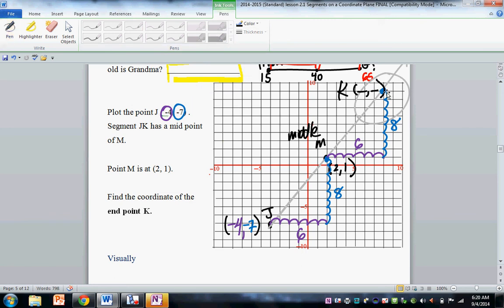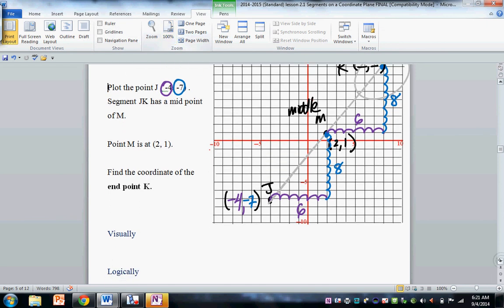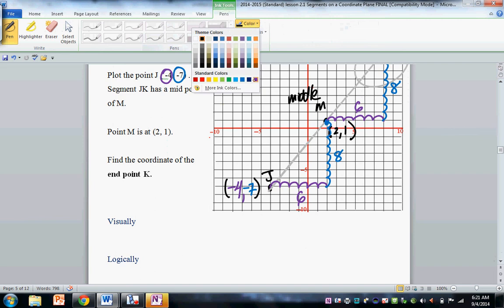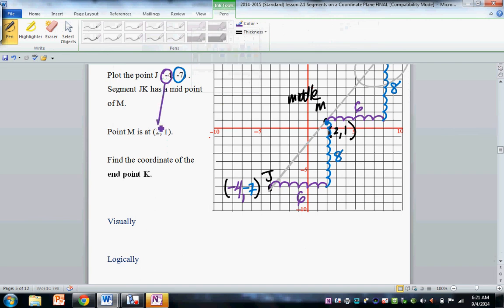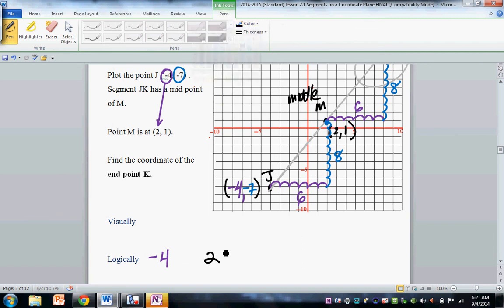Logically is going to be like this. It's like a grammar problem here. Logically, if you're -4 years old, and the exact middle is 2, how old is Grandma at this end?